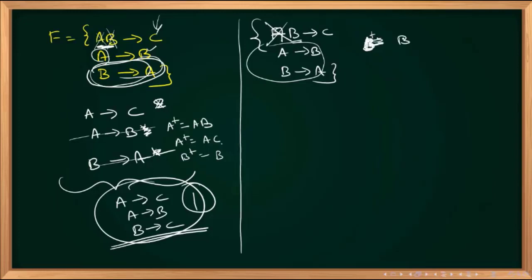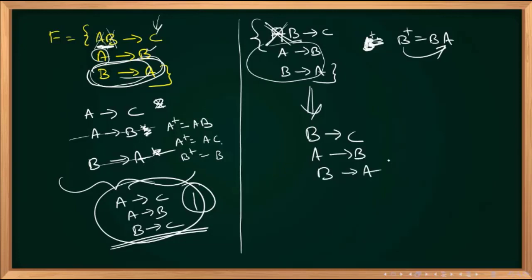So B closure is equal to BA. So I am getting A. So I can leave this one. So it is becoming B to C. Okay. B to C, A to B, and B to A. So this is also possible.